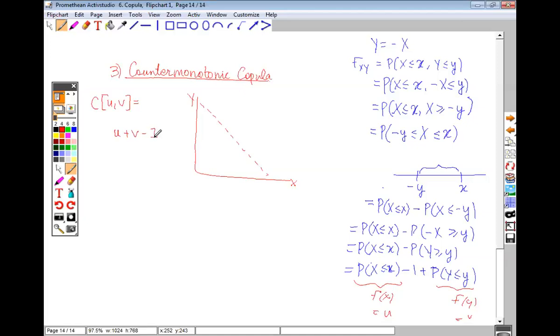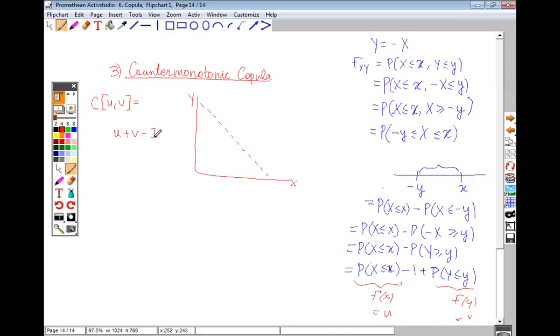What will be the value of my Copula? Anyone? 0.6, right? 0.8 plus 0.8 will be 1.6 and you subtract 1 from it, so you get 0.6, right?